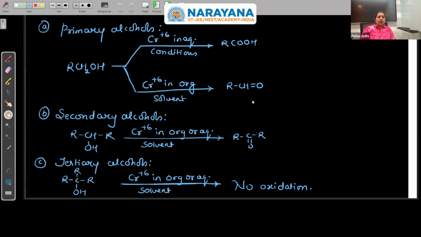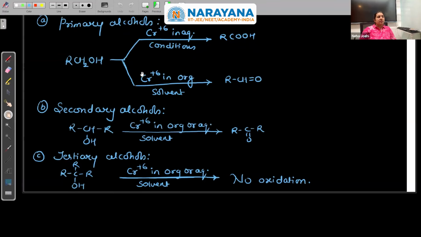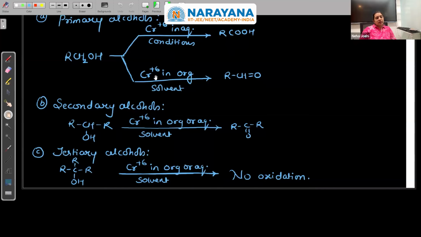Okay. Is that okay? So let me repeat what I am saying. If I have chromium plus 6 as a reagent and it is in aqueous condition, then from 1 degree alcohol you form acid. If it is in organic solvent, then you form aldehyde.